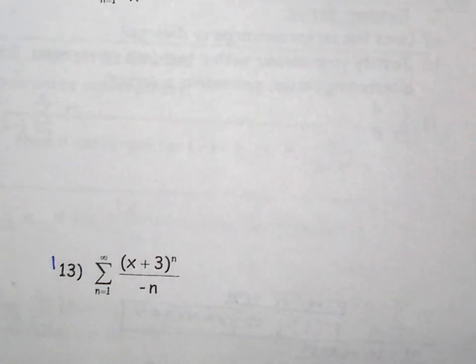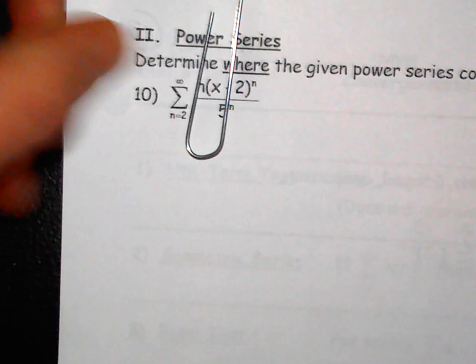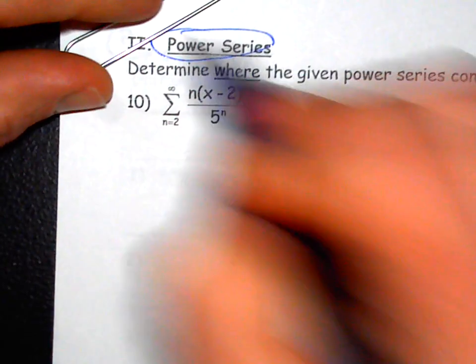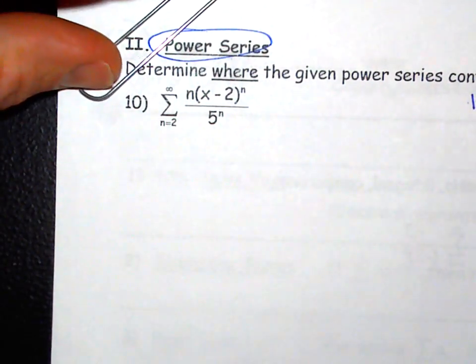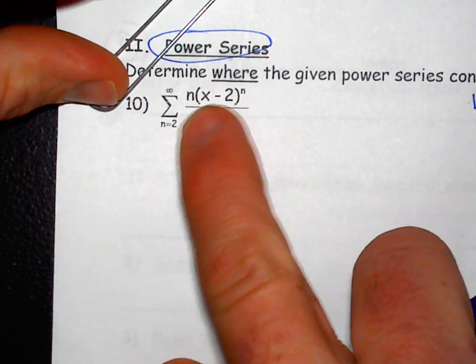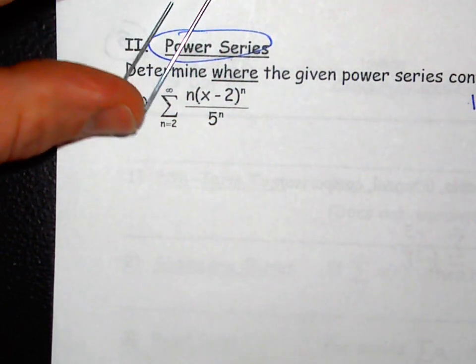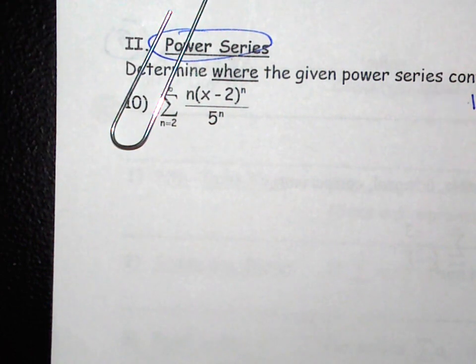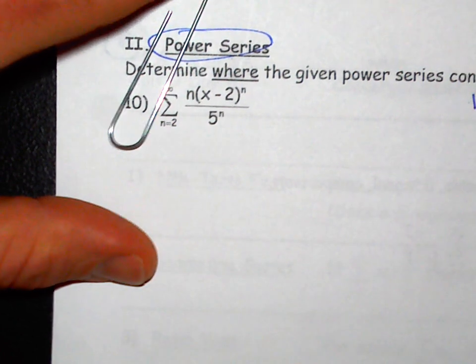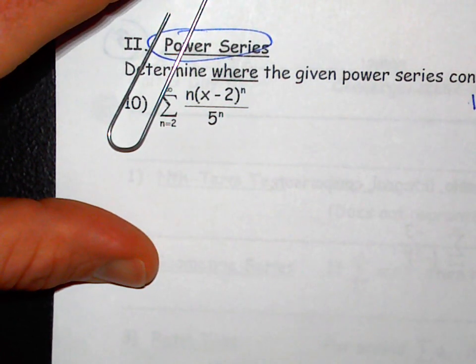Now, big difference on the back is that these are power series, right? The ones on the front were number series. These all have x's involved. So usually it's not going to be as simple as converge or diverge, which a number series is either converge or diverge. These are going to converge, but where do they converge? They usually converge somewhere.